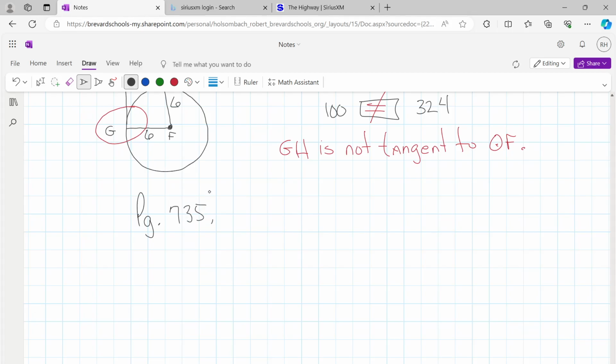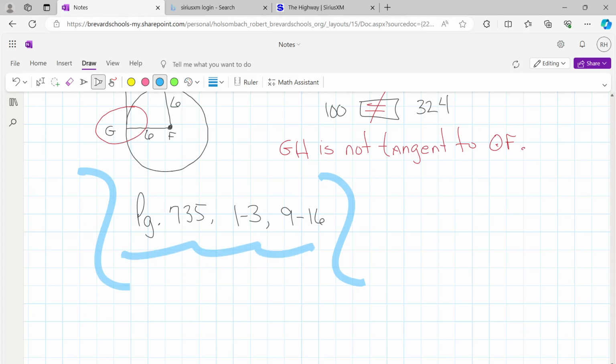On 735, do 1 through 3. And then over on the next page, 9 through 16. Please make sure you're doing all the problems and that you're checking the odds in the back of the book. It's a short week again this week, so study guide will be on Wednesday, quiz will be on Thursday. You guys don't have any school this Friday.